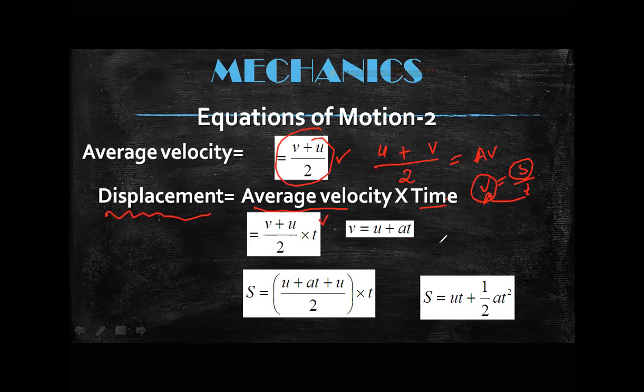But from equation of motion 1, v is equal to u plus at. We already know this. Wherever v is there, you just need to substitute this. So v is equal to u plus at, plus u is there. Is it clear?